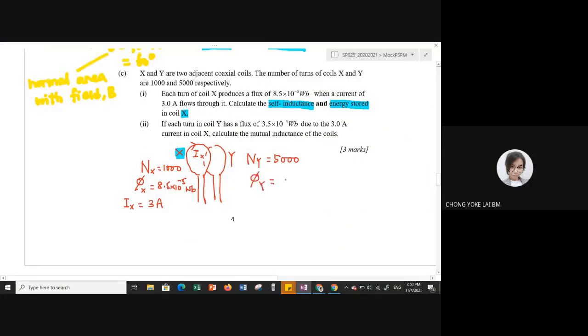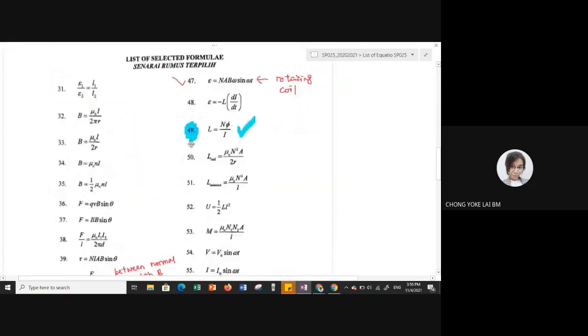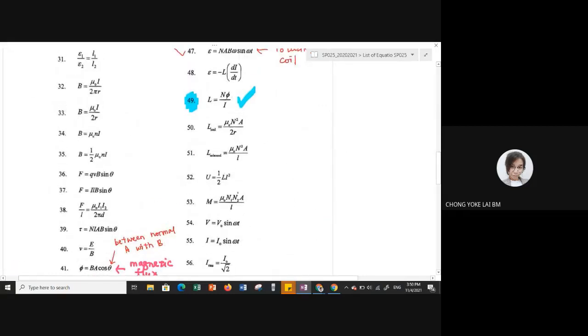The flux in coil Y is 3.5 × 10^-5 Weber because of the current flowing in coil X. I want to find the mutual inductance. Mutual inductance is represented by M. Then I go to find the formula. Why is there no formula that relates to flux? It gives us formulas for M that relate only to area and length. So remember, this formula we can also use for mutual inductance.